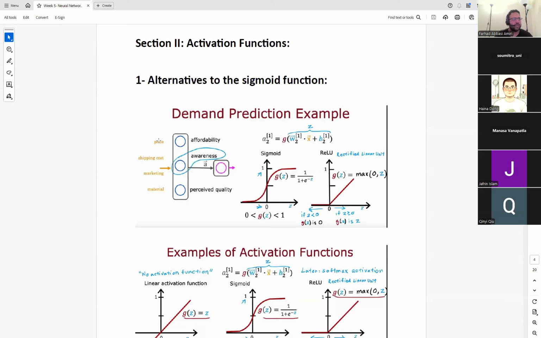For example, our input features are the price of the t-shirt, shipping cost, marketing, and material. In the first hidden layer, we have 3 units: the first calculates affordability, the second calculates awareness, and the third calculates the perceived quality of the product.